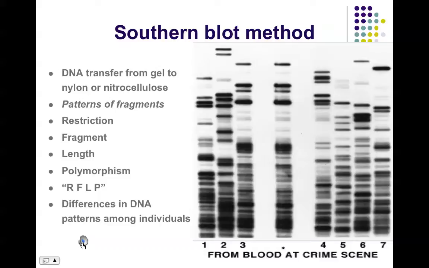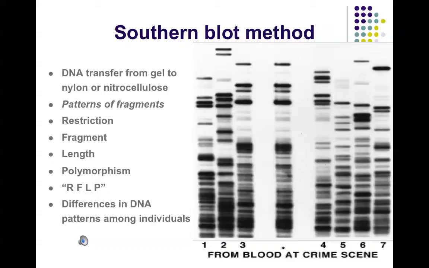Now, when we separate any kind of biological molecule in an electrophoresis procedure, especially DNA, the agarose gel is very delicate, easily torn apart, easily destroyed, and not very stable. Well, to get around that problem, a scientist by the name of Edwin Southern developed a better technique for capturing and retaining copies of the fragments generated during electrophoresis, especially of DNA.